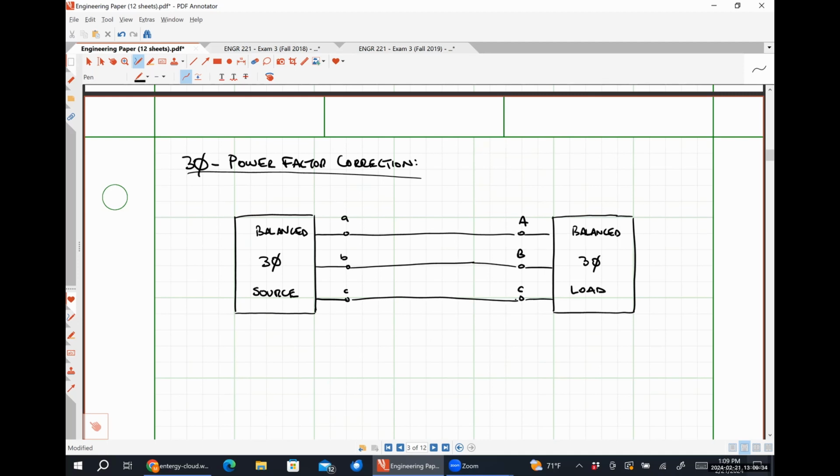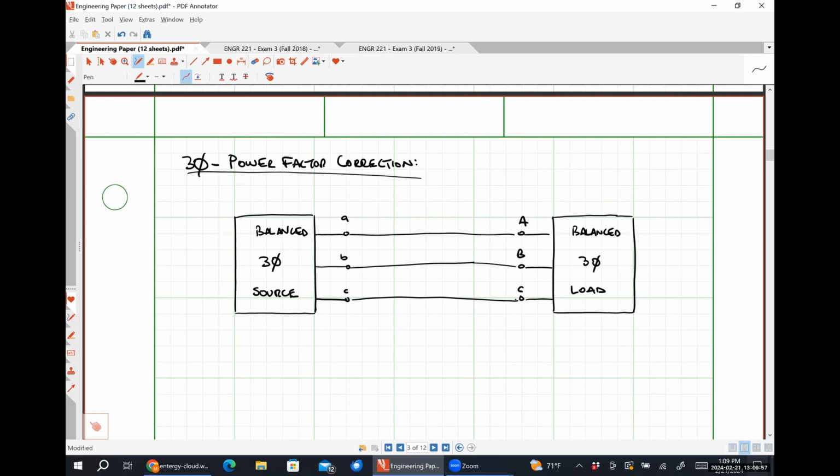So I want to make something very clear here. I'm looking at my balanced three-phase source and my balanced three-phase load as black box networks, meaning that I do not know, nor do I remotely care, whether they are delta connected or Y connected.